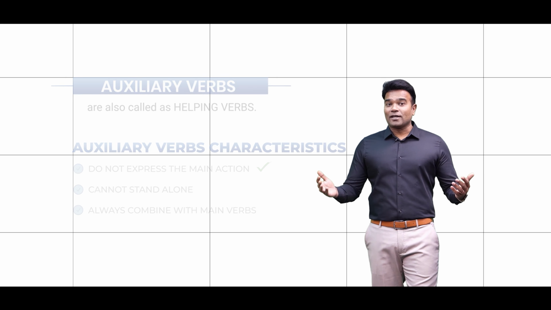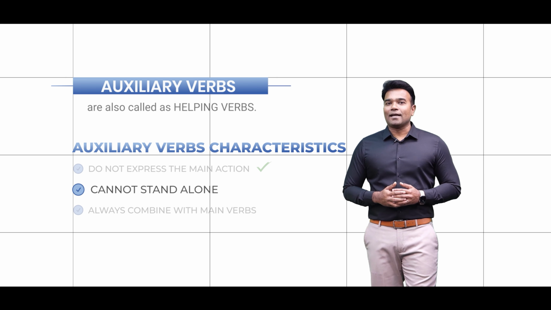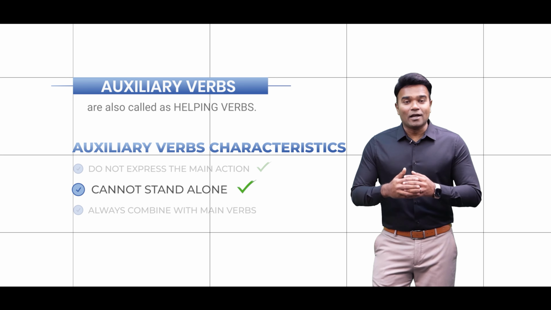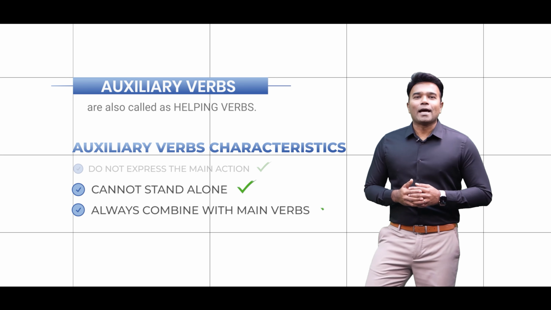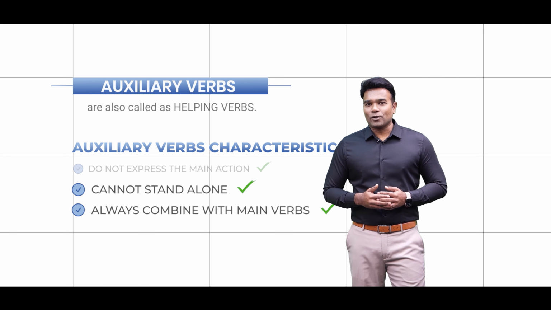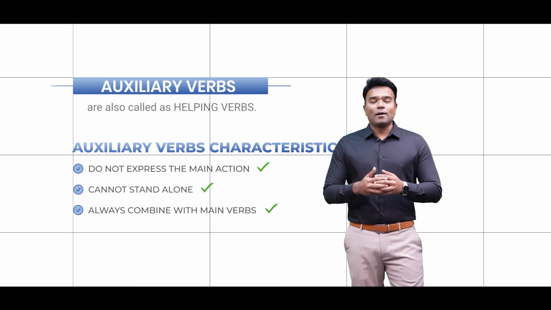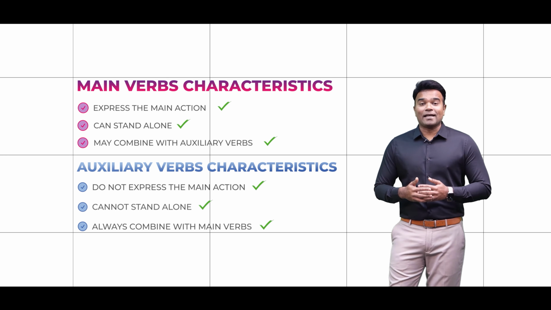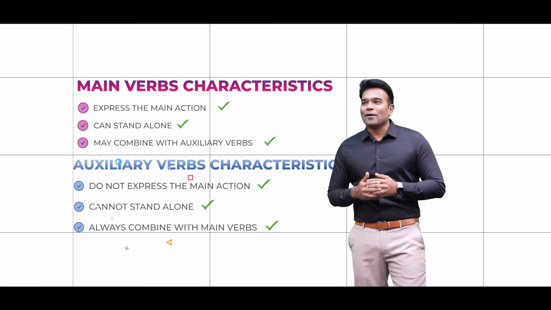So I am sure that you have been able to understand the second characteristic of the auxiliary verb, that they cannot stand alone and they always will have to combine with the main verb. I am sure you have been able to, through this example, understand both the characteristics of the main verbs as well as the characteristics of the auxiliary verbs.